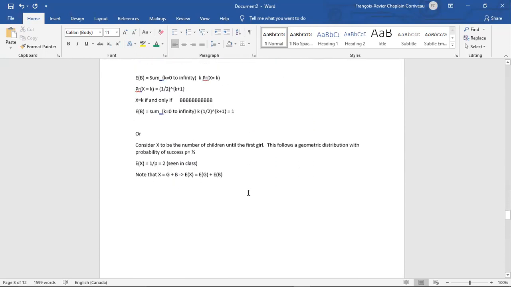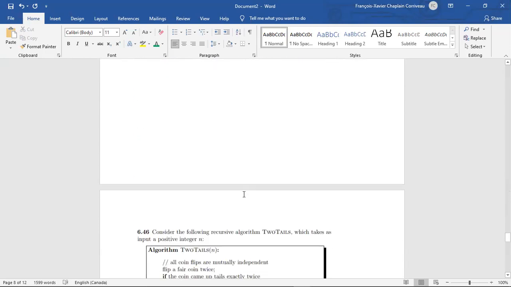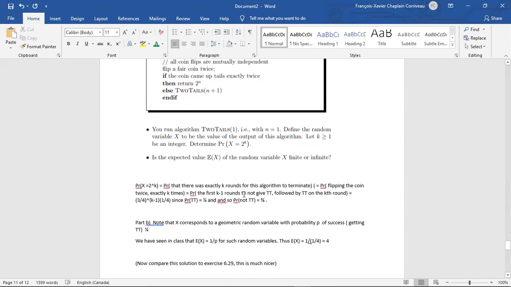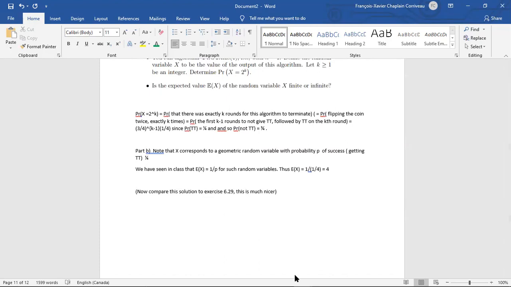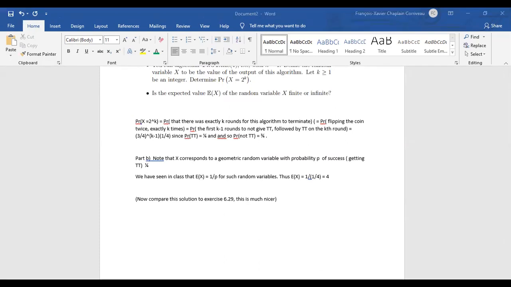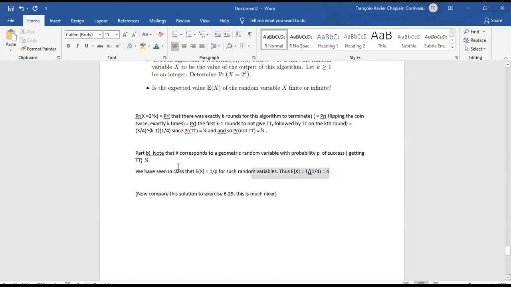The trick is, if you care about the outcome of 2 flips, why don't you flip 2 coins? And weirdly enough, it becomes exactly the same thing.